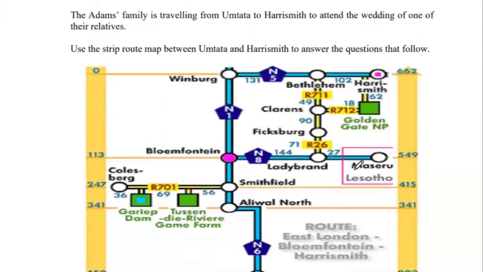Then Harry Smith is off the main road. So from East London to Windbag, we have 662 kilometers. That's the distance that we have to know.